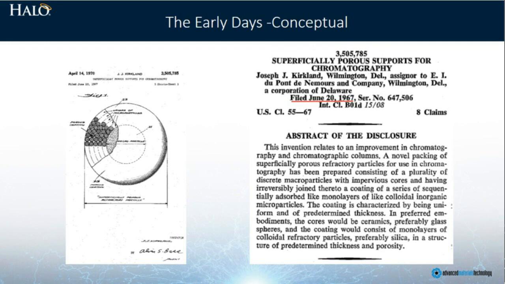So the idea here was that this freely diffusible outer shell would allow surface area for the interaction of materials for chromatographic separation, while the impermeant material at the center would reduce the diffusion distance and contributions to band dispersion.